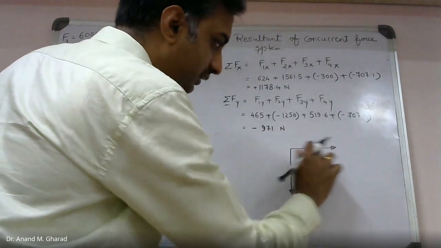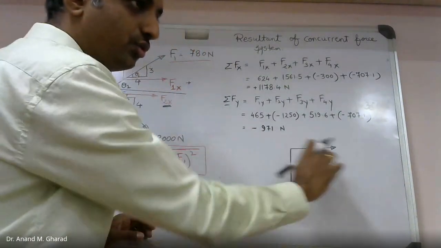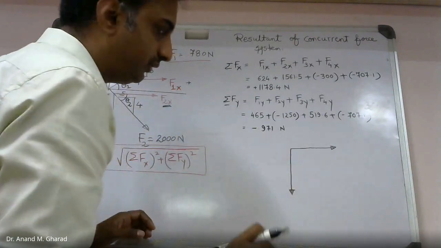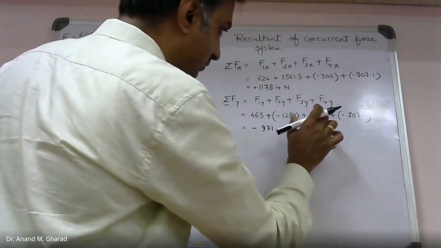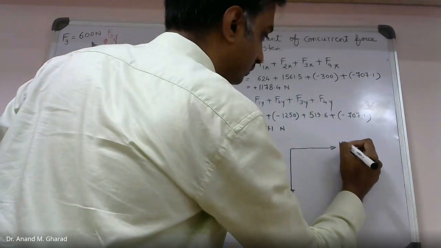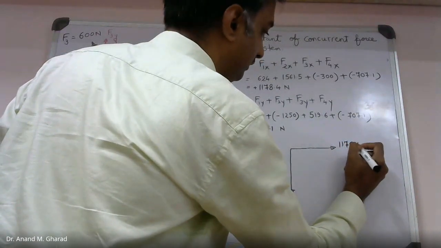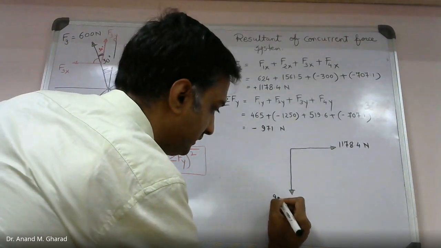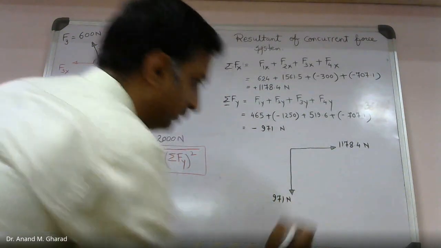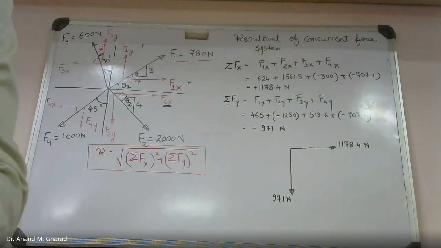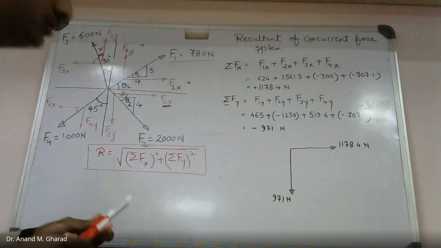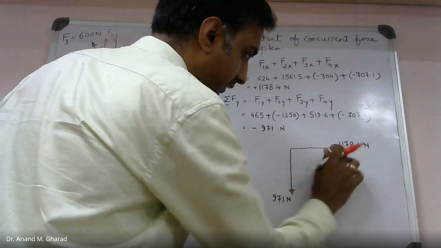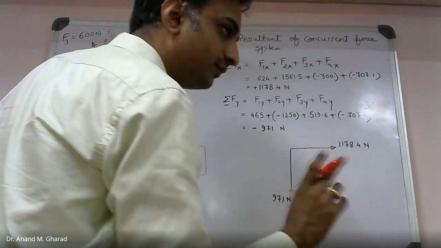These arrows I have shown are nothing but the representation for direction. I will now write down the magnitude. 1178.4 Newton. And this is 971 Newton. So these are the X component and Y component of a force.